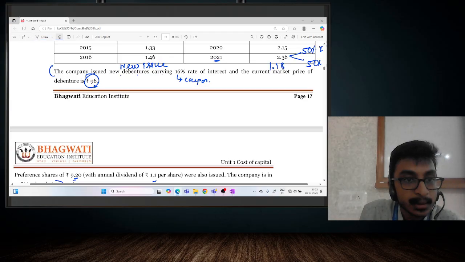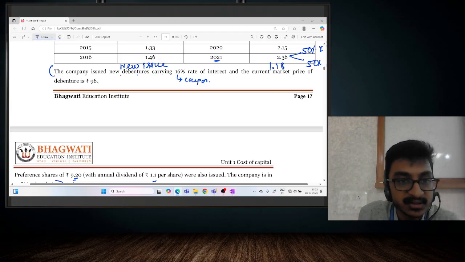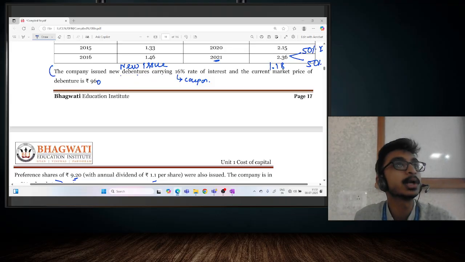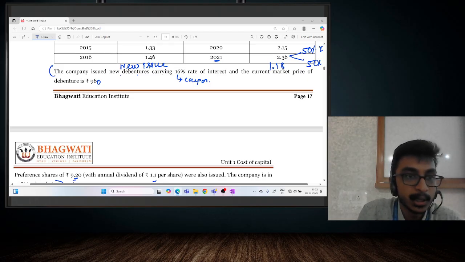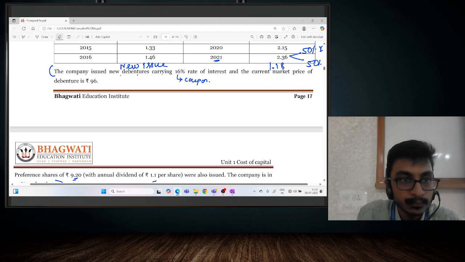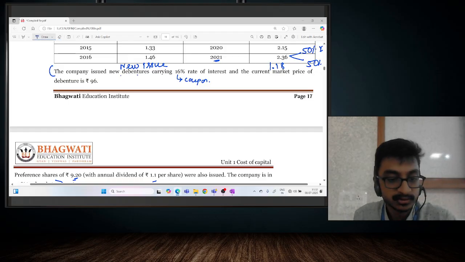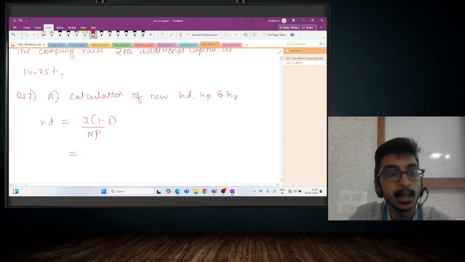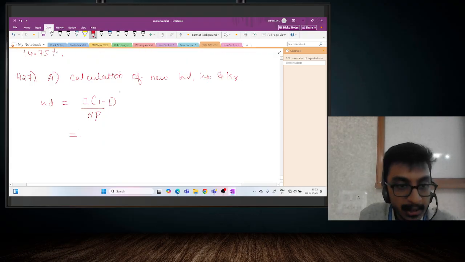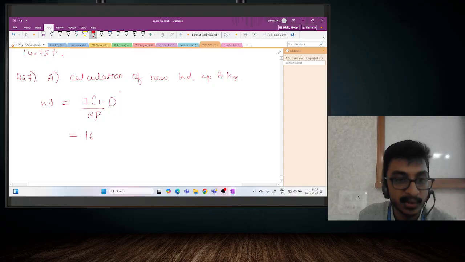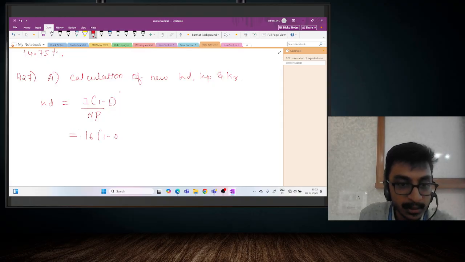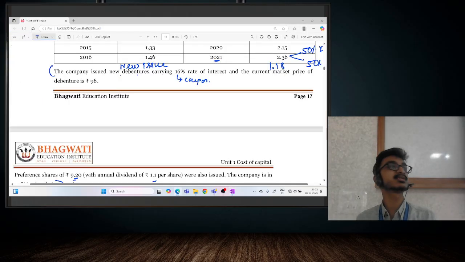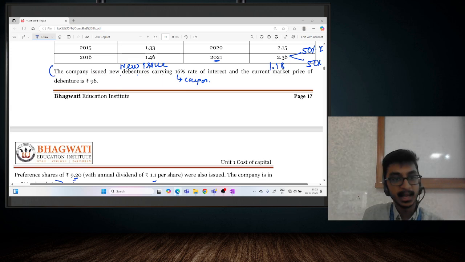But again, now let's say in this question, they have given market price of the debenture as, let's say, 960 rupees. Now what you will assume? Face value is equal to, take it as 1000, right? Don't take it as 100. So now, what is the amount of interest the company will pay? 16 rupees, which is nothing but 16% of 100 into 1 minus tax rate 0.5 divided by, what is the net proceeds that we have to take? 96.